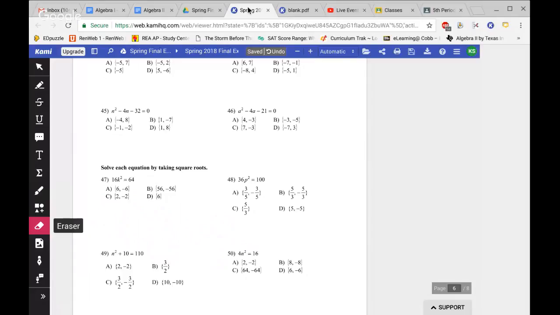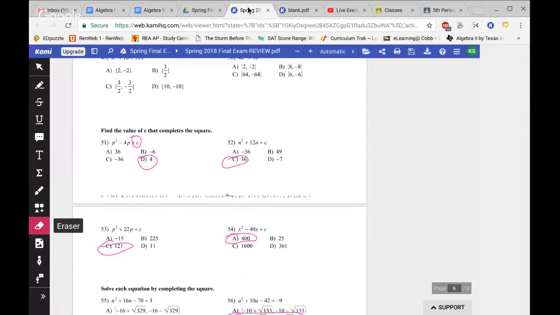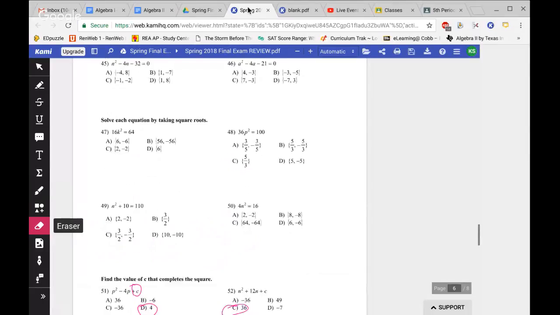Okay. So, like number 47, 48, 49, and 50 on the final are solving by taking square roots. Number 51, 52, 53, and 54 are finding the value of C that completes the square. So you would have to half it, square it, add it.